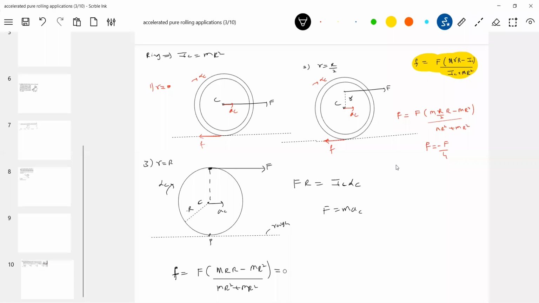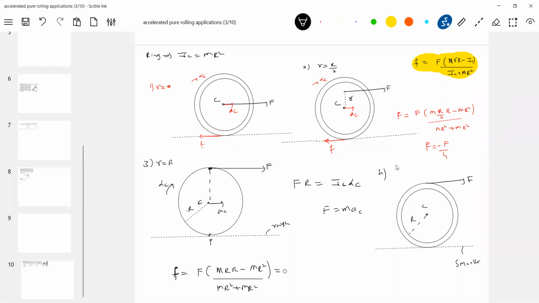Means though the surface is rough, no friction. Now, let me do one thing. There's a ring, and let me call this a smooth surface. Then can it have pure rolling? Yes, it will have pure rolling.